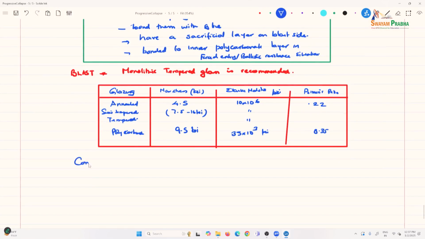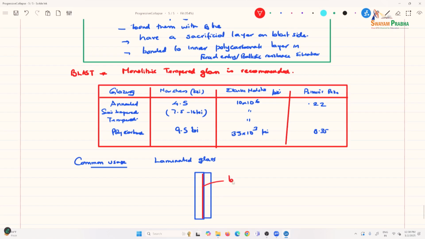A common usage is laminated glass, where you have multiple layers, and then in the center, bonded by polyvinyl butyral PVB interlayer film.